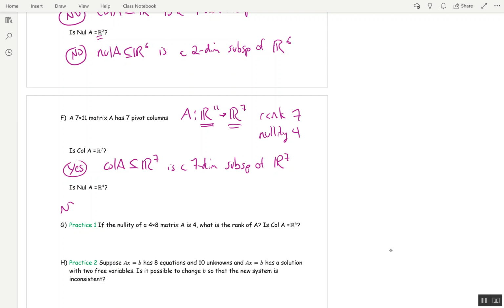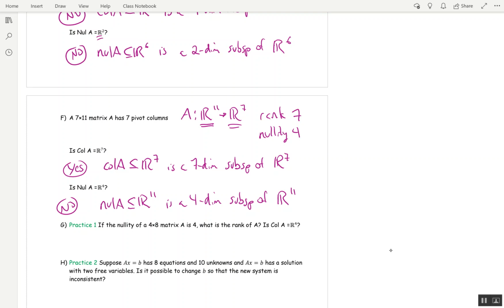So the answer is going to be no. Null A lives inside R11, is a 4-dimensional subspace of R11, but that's the best you can say. That doesn't make it R4. It just makes it a 4-dimensional subspace of R11. If it were an 11-dimensional subspace of R11, then the answer would be yes, it's all of R11. But that's not the case.